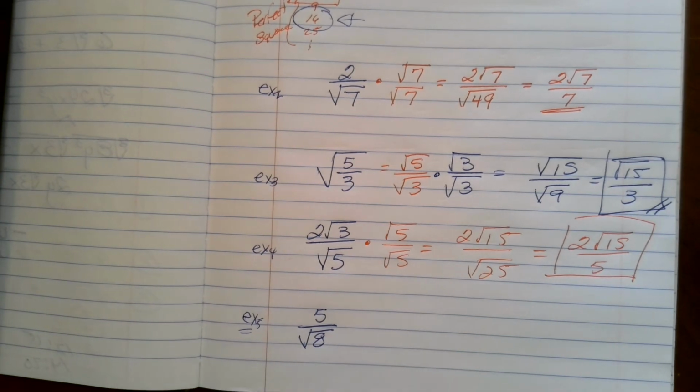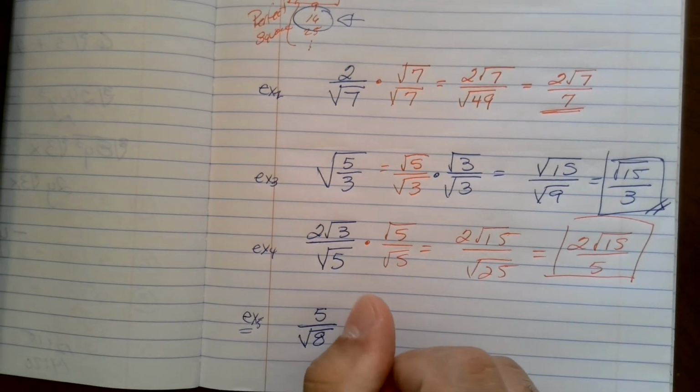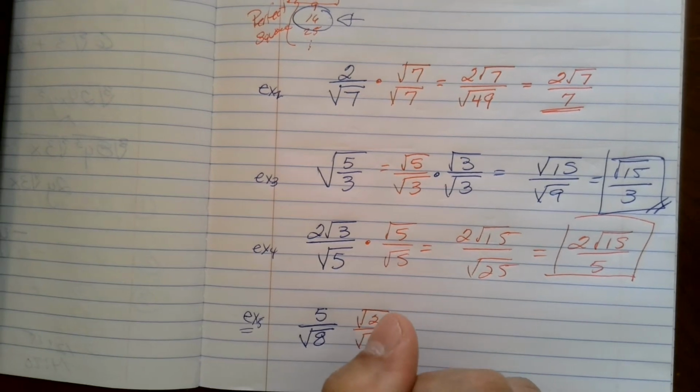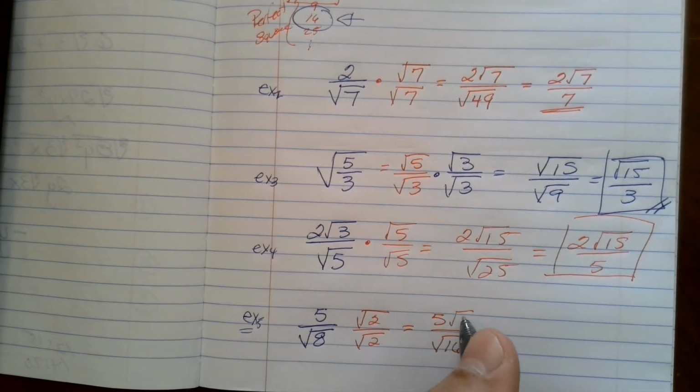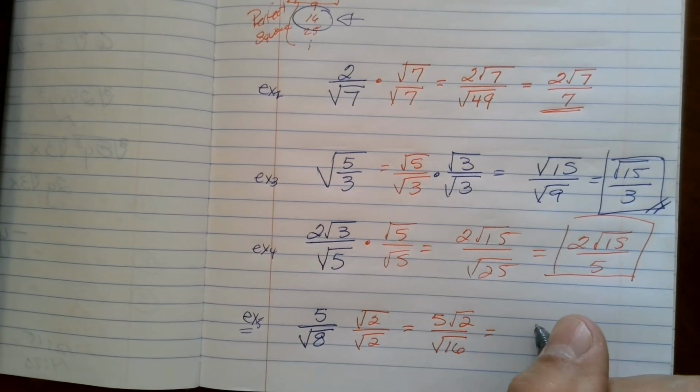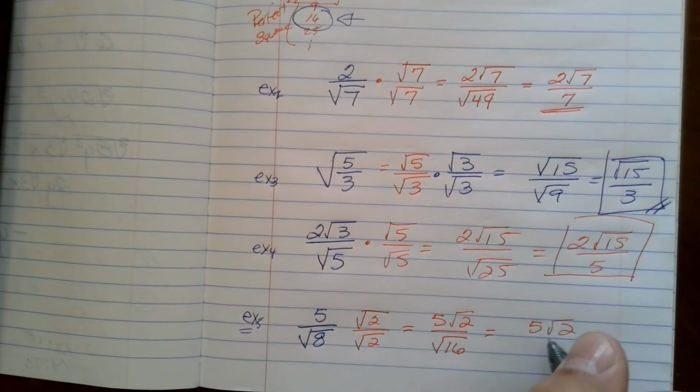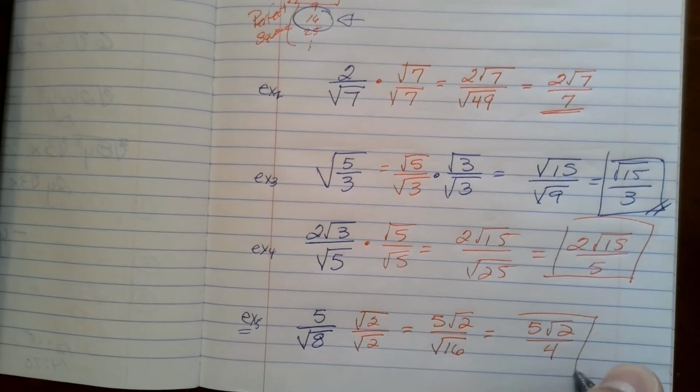So if I multiply the numerator and denominator by radical 2, right? 8 times radical 2 will give me the square root of 16, and 5 rad 2 up top. So it looks like I'm going to have 5 radical 2 all over 4.